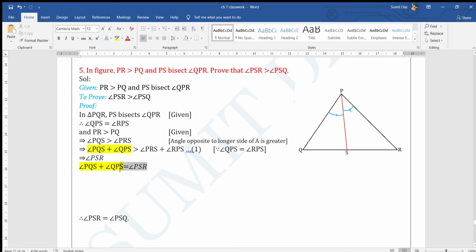Can I write this line, this yellow highlighted one? PQS plus QPS equal to PSR, and why? Yes, obviously, you let me know the why. You wrote the answer, yes, but why? Why can we write PQS plus QPS equal to PSR?